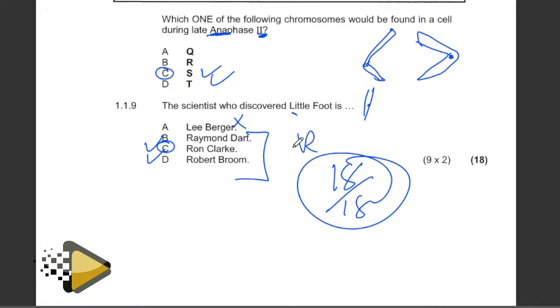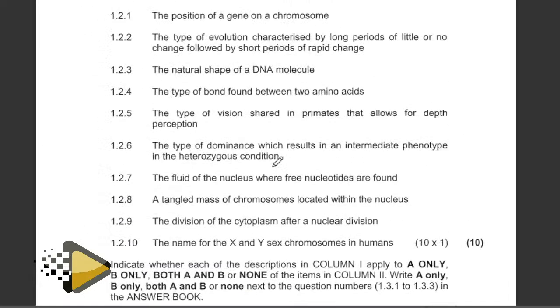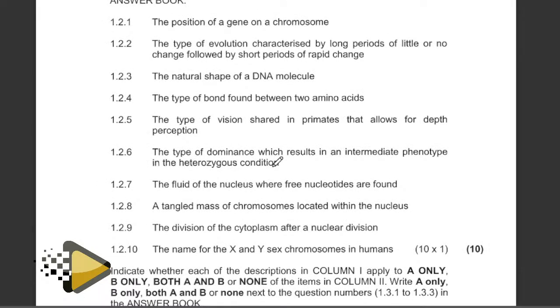All right, so let's go to the next question, which is terminologies. Let's talk about terminologies and then we see. Then they're saying the position of a gene on a chromosome, we talked about this yesterday, locus. The type of evolution characterized by a long period of change and a little period of no change.